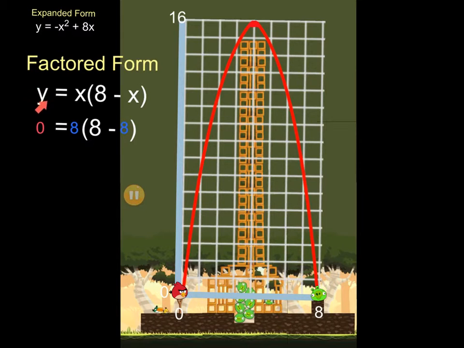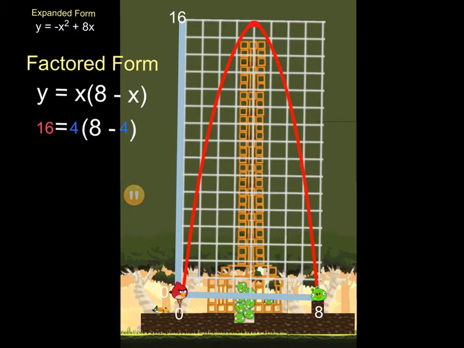The other way to make y equal 0 is if we use 8 for the x. 8 take away itself is going to be 0, so 0 times anything is also going to be 0. So when we use 8, we get 0 for our y. We have just found the two x-intercepts and proved it with our equation and our graph.